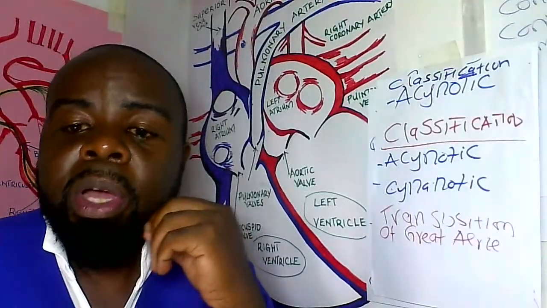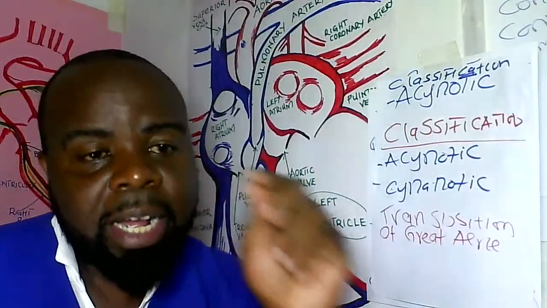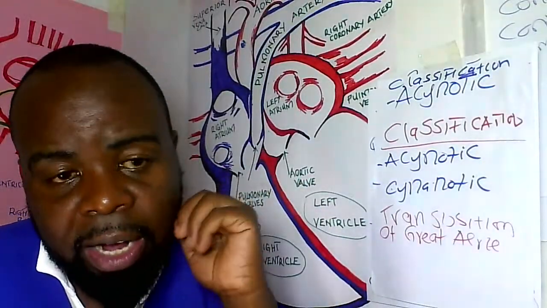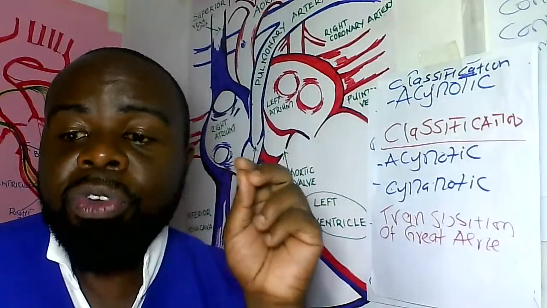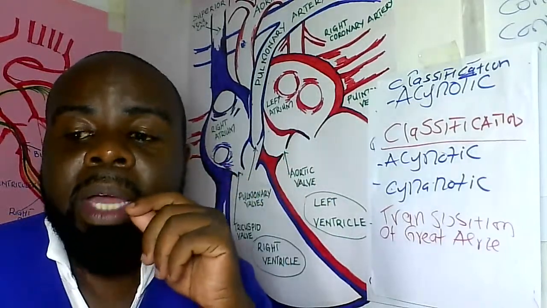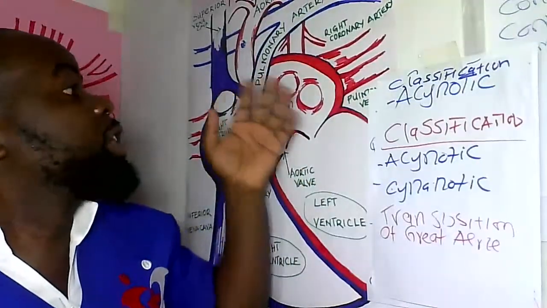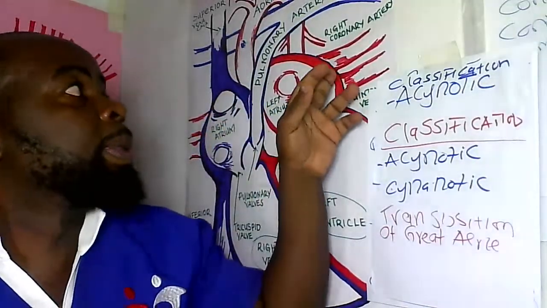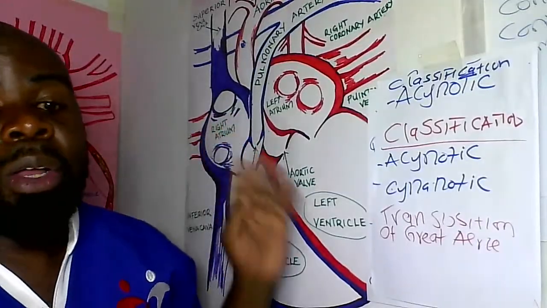You see, total anomalous pulmonary venous return is a serious heart condition where the pulmonary veins do not connect to the atria as they should. We have the pulmonary vein, we have the pulmonary artery.